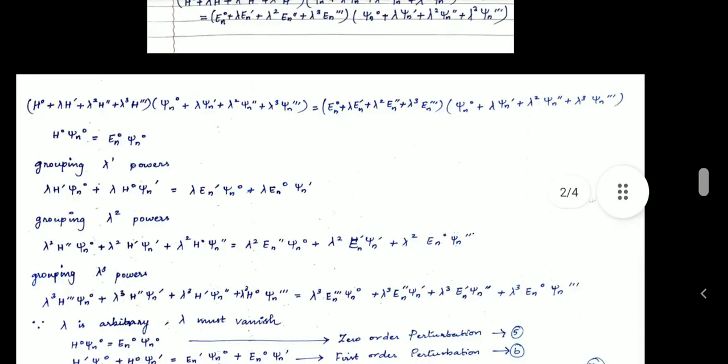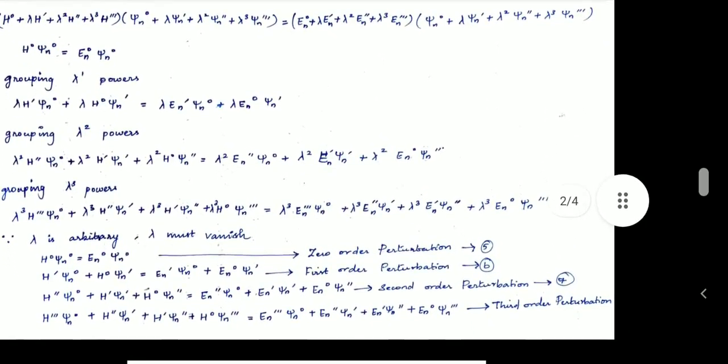So when we group it for lambda naught, we get that H naught psi n naught is equal to E n naught psi n naught. Grouping for lambda 1 powers, we arrive at lambda H dash psi n naught plus lambda H naught psi n dash is equal to lambda E n dash psi n naught plus lambda E n naught psi n dash.